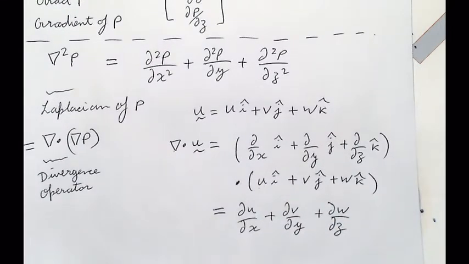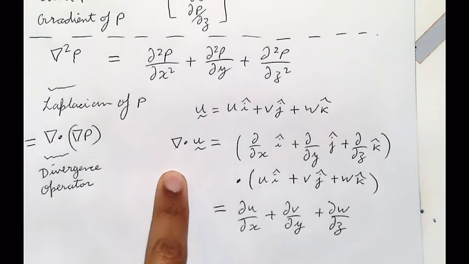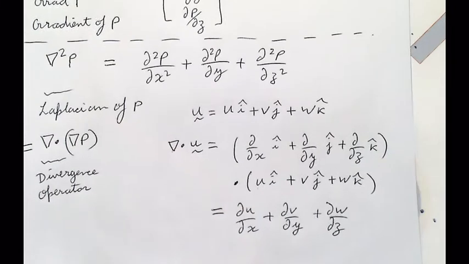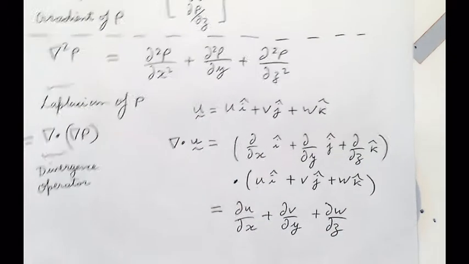So anytime you forget, this is the way to recover this. Even I don't remember most of this most of the time, so I have to fall back to using these simple techniques. So nabla dot u, where u was the velocity vector, gives me this.